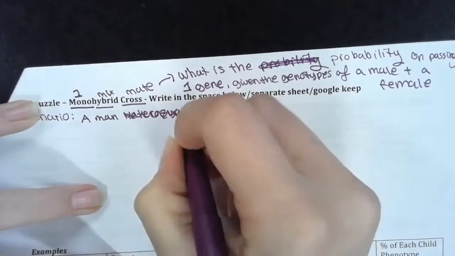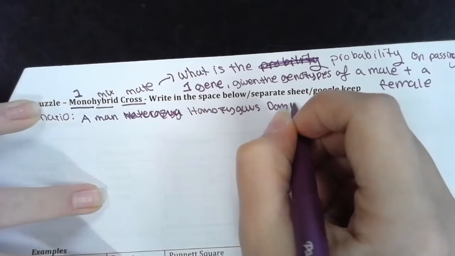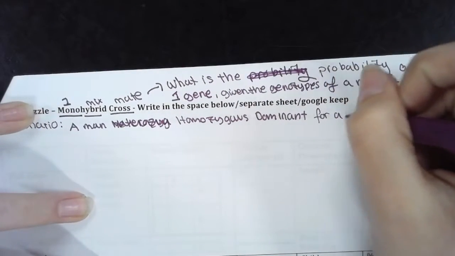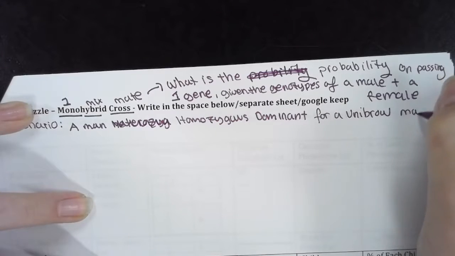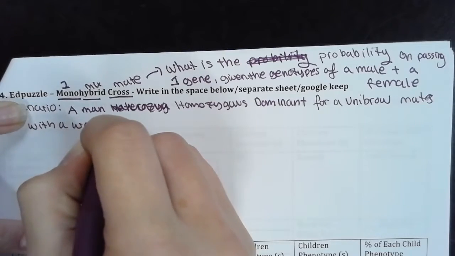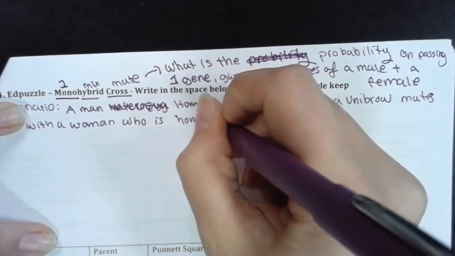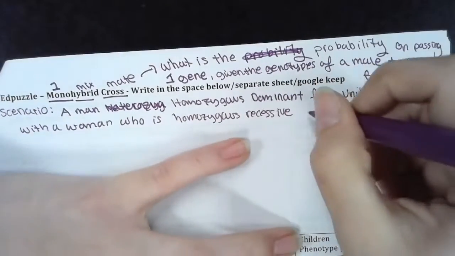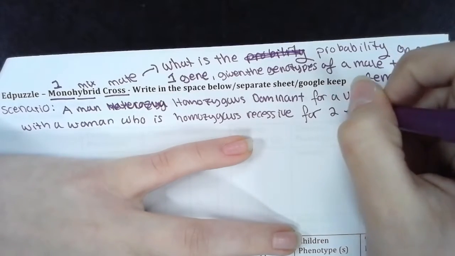Okay, a man homozygous dominant for a unibrow mates with a woman who is homozygous recessive for two eyebrows.